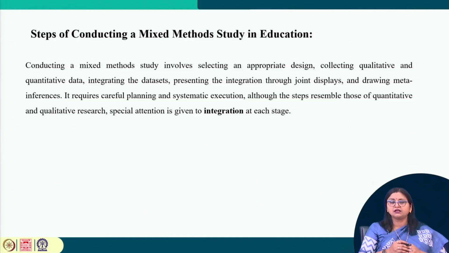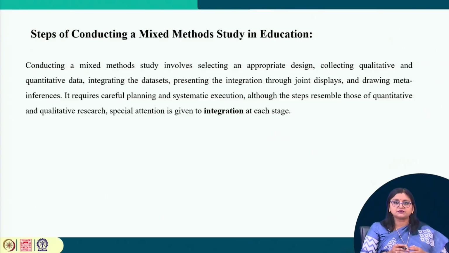So, the steps of conducting a mixed method study in education, let us go through it. I have mentioned the different steps in short form in the previous lecture also, so let us elaborate it. Conducting a mixed method study in the educational field involves selecting an appropriate design, collecting qualitative and quantitative data, interpreting the database or data set, presenting the integration through joint displays and drawing meta-inferences, and it requires careful planning and systematic execution.